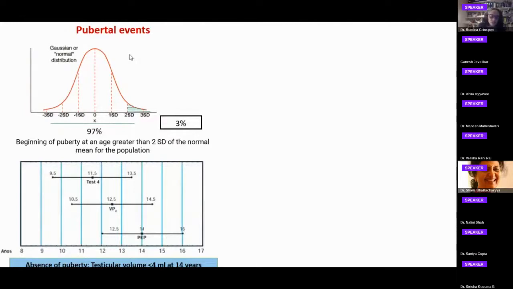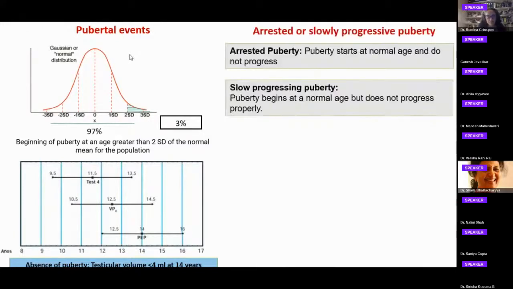The mean age of pubertal onset is about 11.5 years, which is why we define pubertal delay when puberty begins after 14 years of age. And we define abnormal absence of puberty when a boy older than 14 years has testicles less than 4 milliliters.